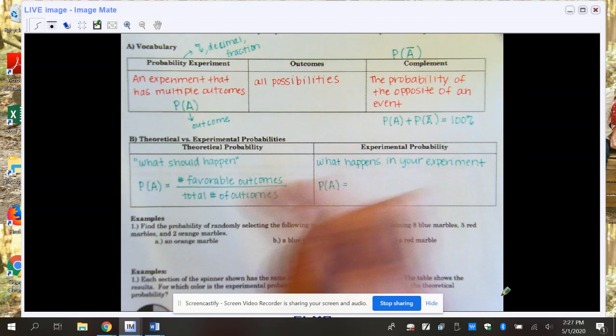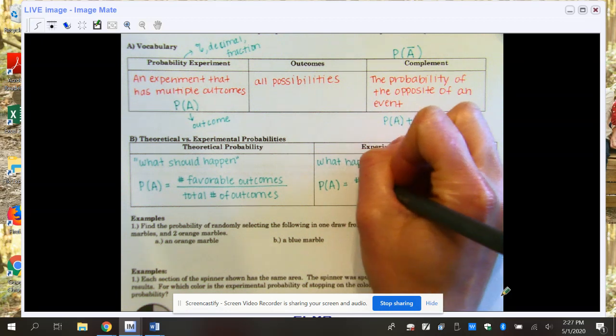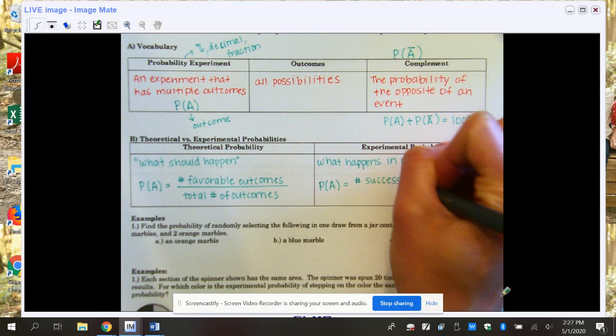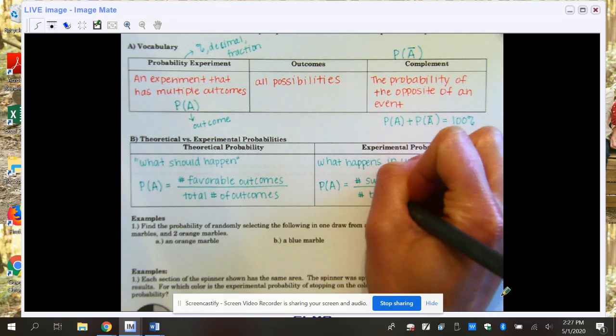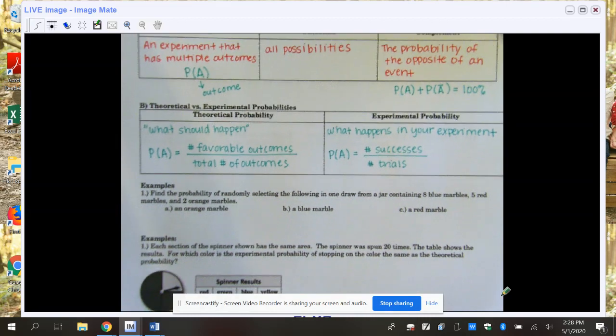And so the way we calculate that, the overall idea is the same, except we would now just take the number of successes over the number of trials. Okay, so it's again the same idea in terms of how you figure that out, but what we're looking at is different.